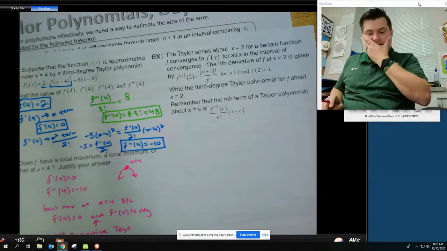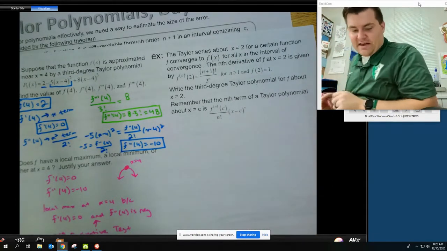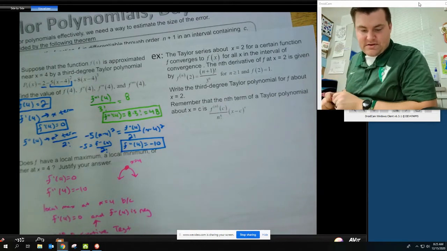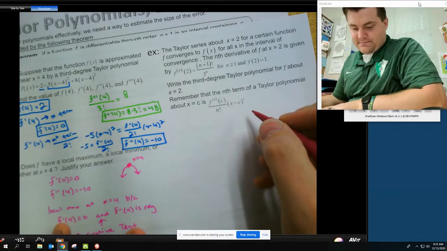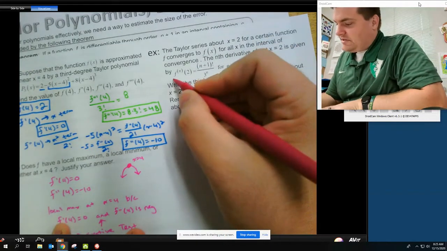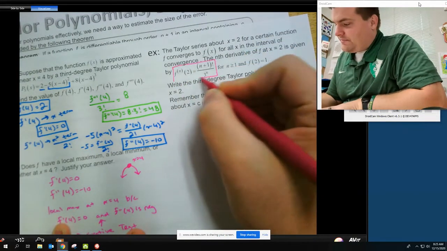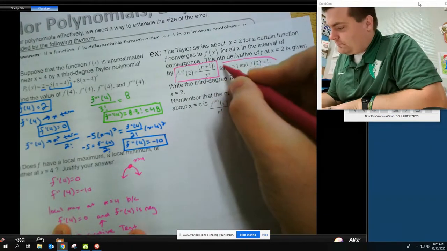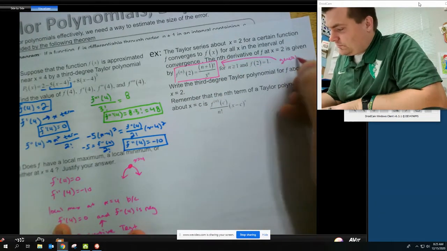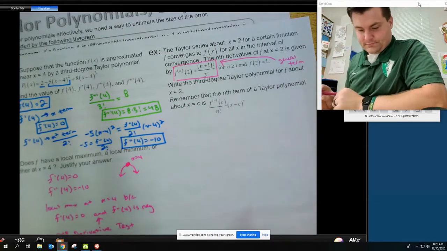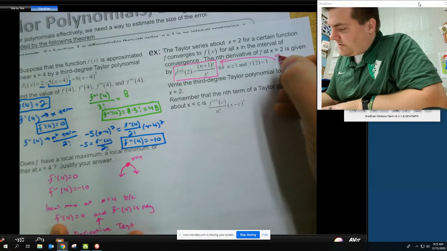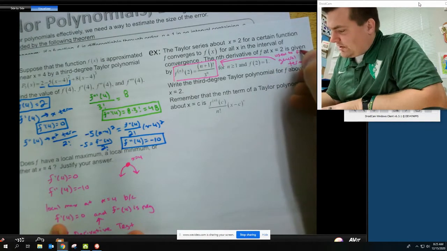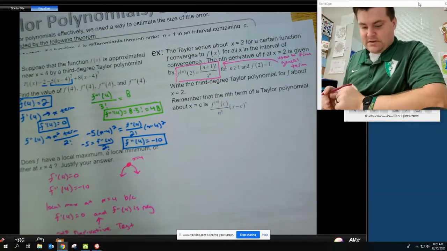Okay, so we need to find a lot of stuff here. We need to find our general term.